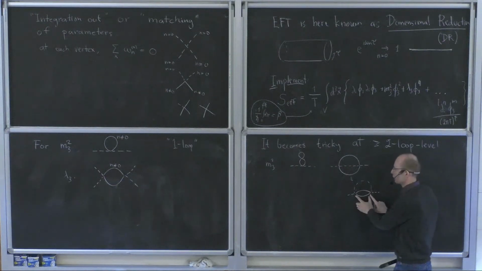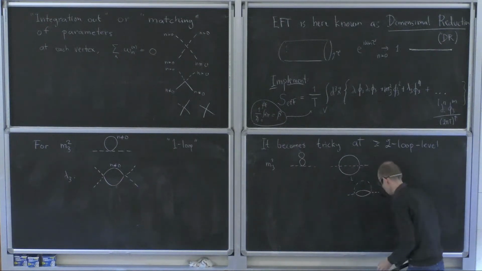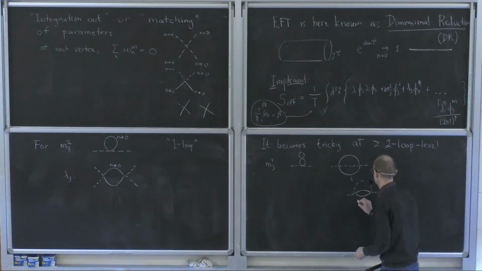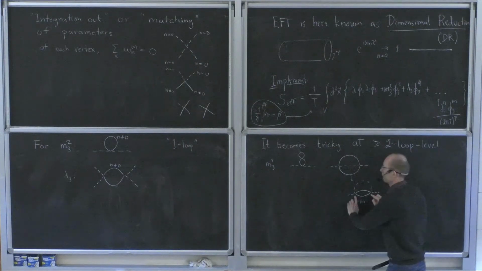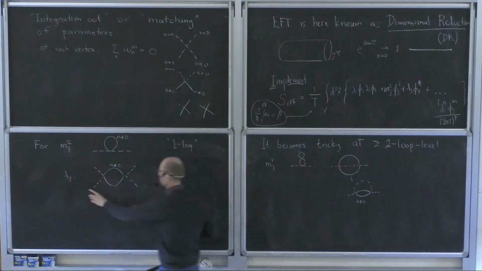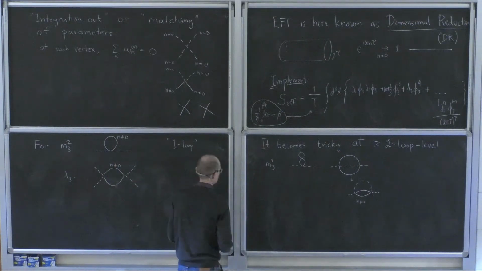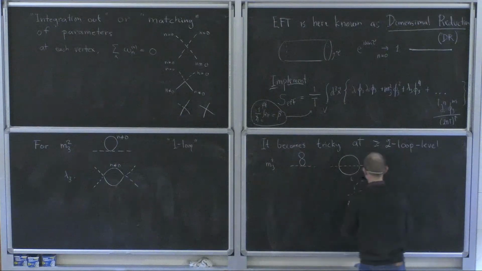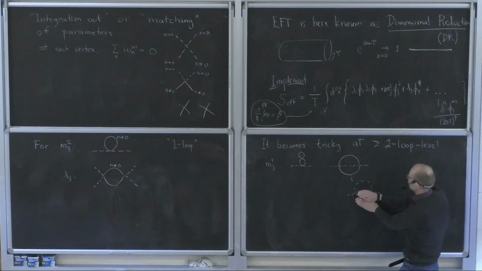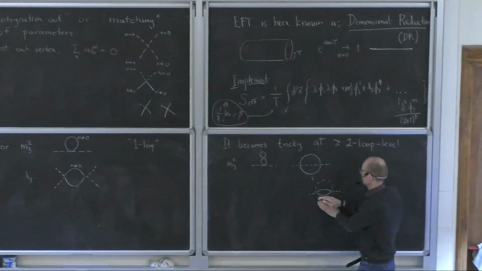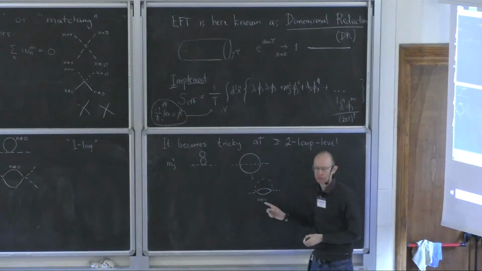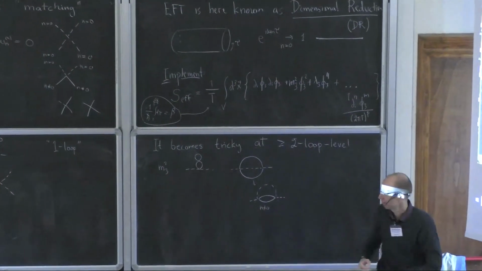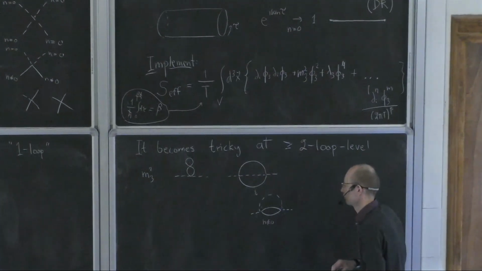So I computed how the non-zero modes are affecting the coupling. And then if I would compute with the modified coupling a one-loop diagram within the effective theory, then it looks precisely like this. So then I may be wondering, am I now doing double counting if I also am computing this?